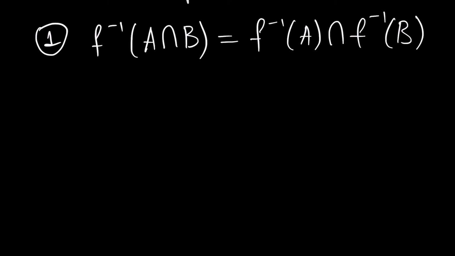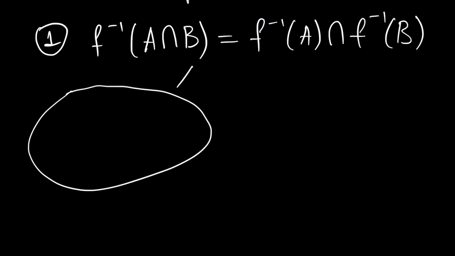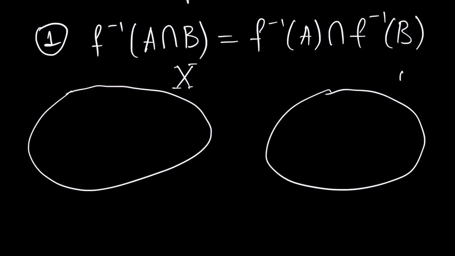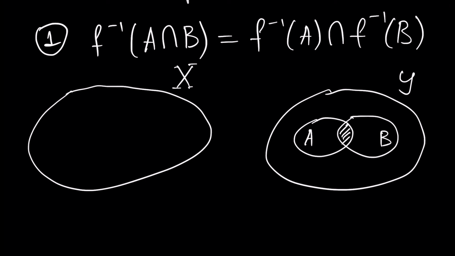If we draw a picture, we have some set X is mapped into another set Y, and here assume we have some A and B, and this is an intersection.